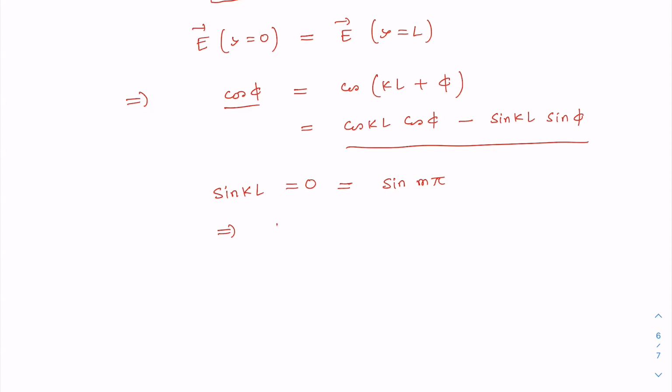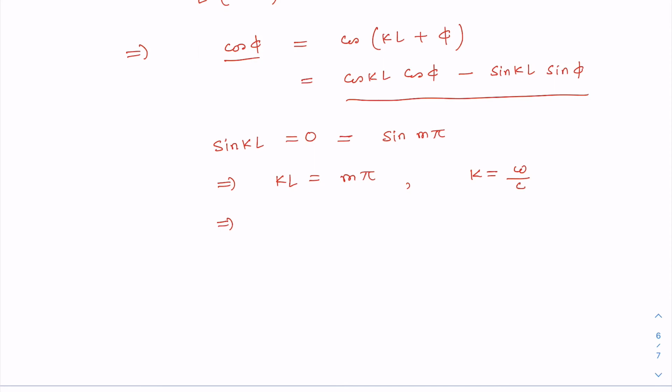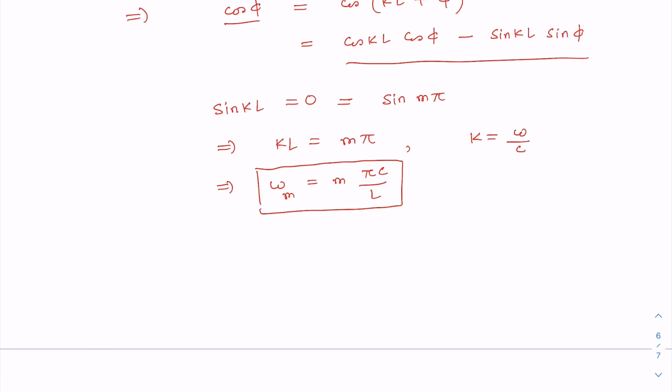You remember that k is equal to omega by c, so I can further write that omega is equal to m pi c by L. So this frequency gets discretized because of the boundary conditions. And without loss of generality, let us consider phi equal to 0. It is not going to affect our physics.